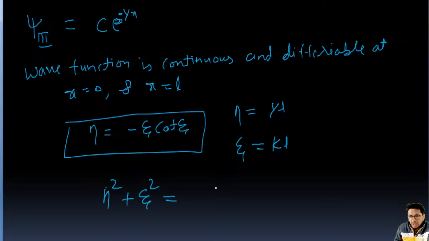Okay, so if you put the value here, because we know gamma, the value of gamma square is going to be gamma square L square plus K square L square.